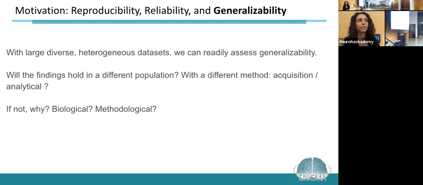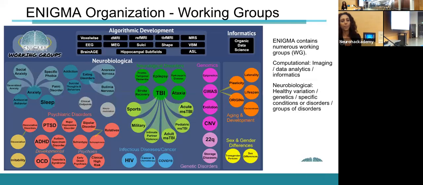Not only does a finding hold in different populations, but does it hold with different acquisitions, different methodological considerations, and I think more interestingly, if not, why? And was it something biological? Is it something methodological? Why doesn't a finding replicate? And you can answer these questions when you have a lot of data.